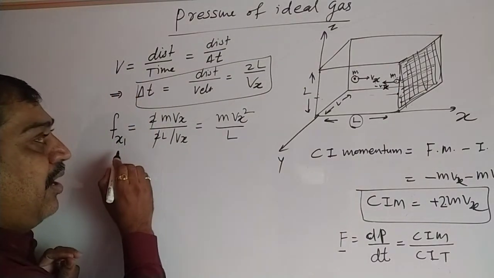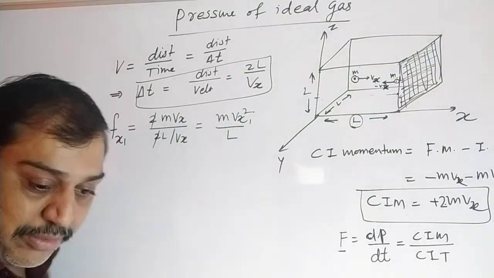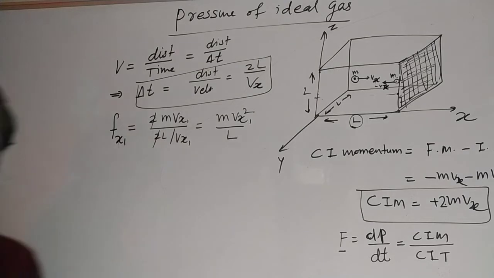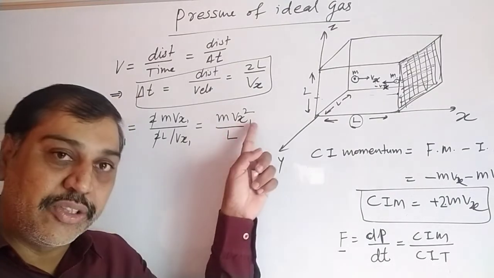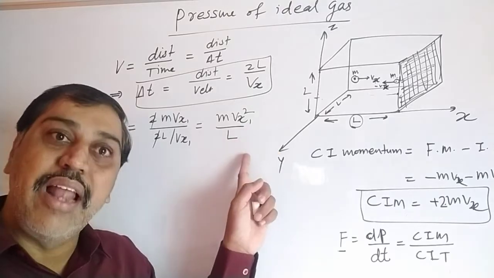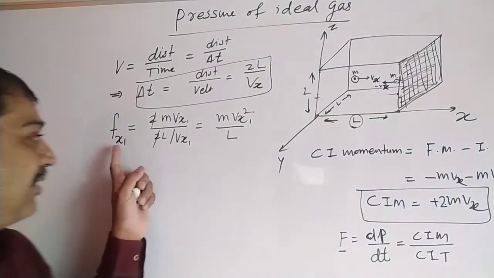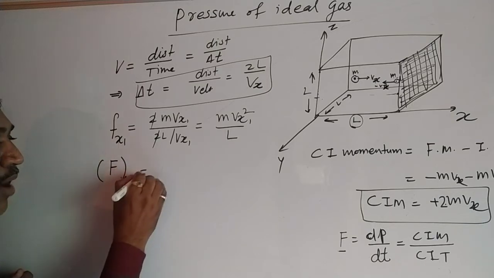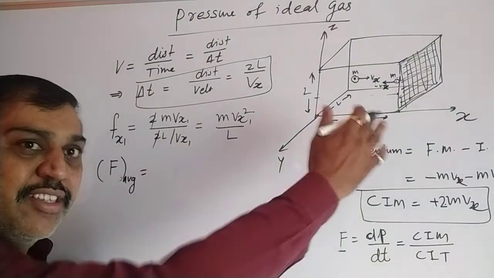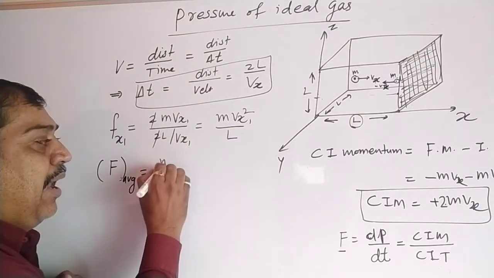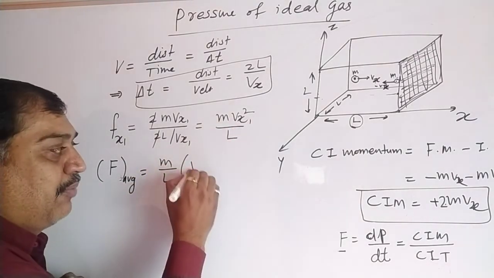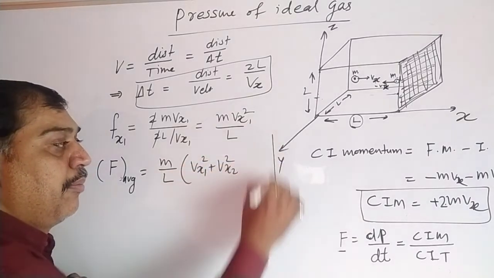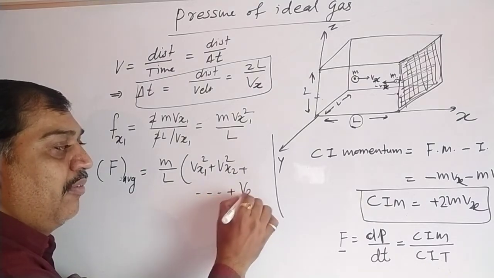This is for the first particle, so it should be Vx1 square. Similarly for the second particle it is m into Vx2 square by L, m into Vx3 square by L, and so on up to the nth particle. So the total average force exerted by all n molecules on this face along the x-axis is m by L, which is common in the bracket, times Vx1 square plus Vx2 square plus so on up to Vxn square.